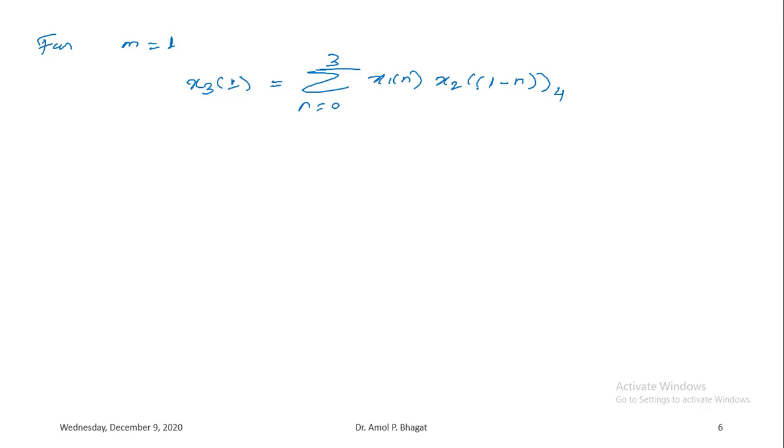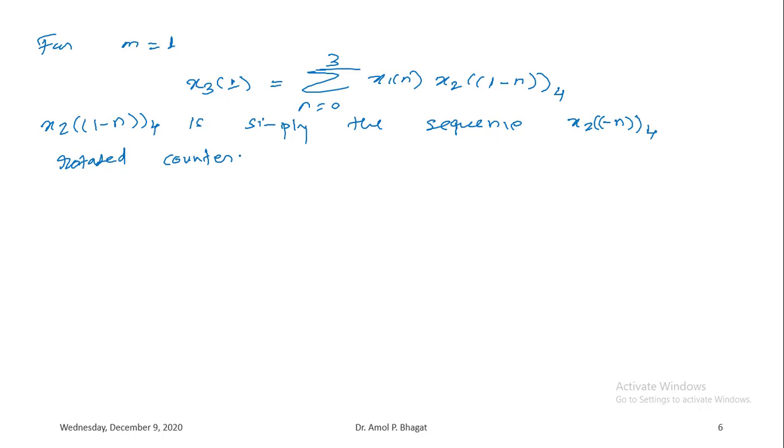So how will it be shifted? To get x2 of 1 minus n in suffix 4, it is simply the sequence x2 of minus n rotated counterclockwise by 1 unit in time.